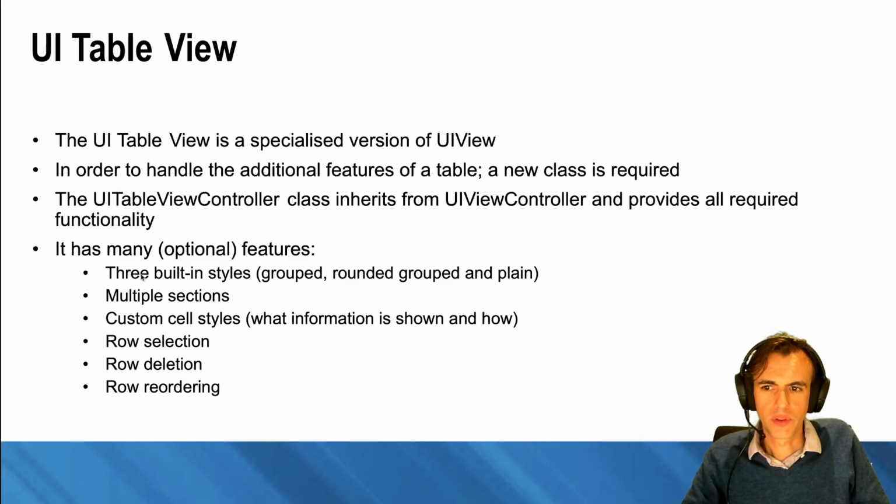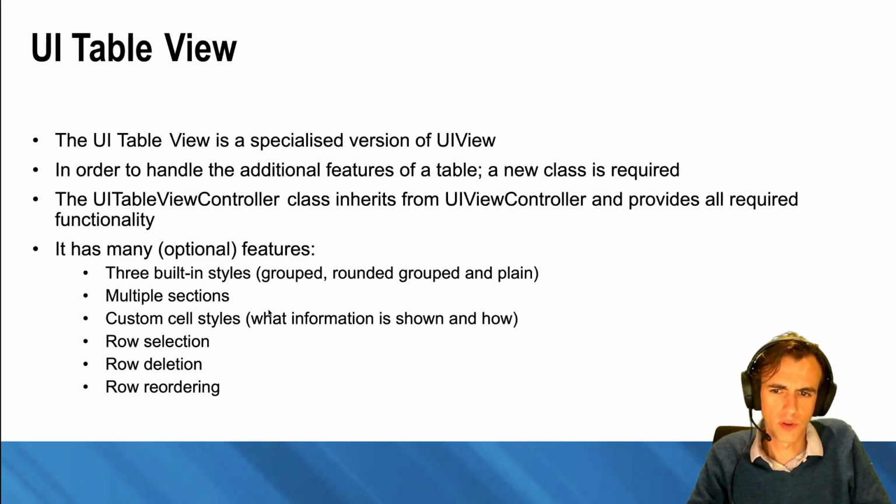There are some built-in things like it has 3 built-in styles that we saw in the previous video when we went through and looked at some sections of the HIG. It has a concept of different sections. You can also have different cell types, and you can control for every single cell in your table view what type it uses.